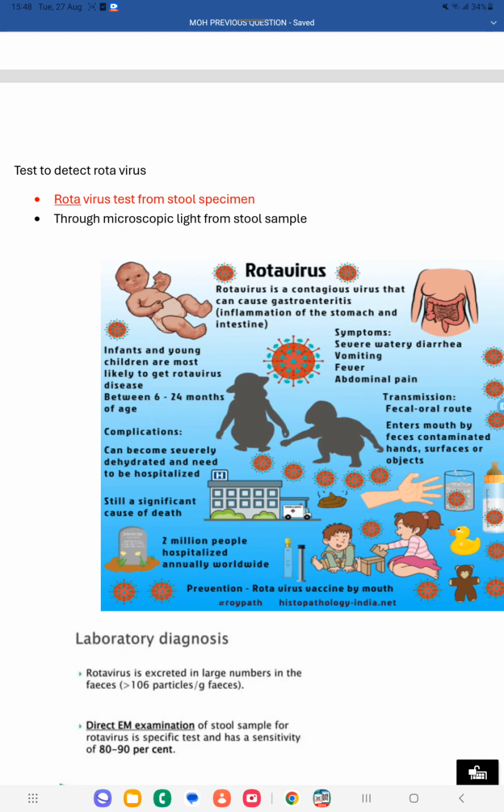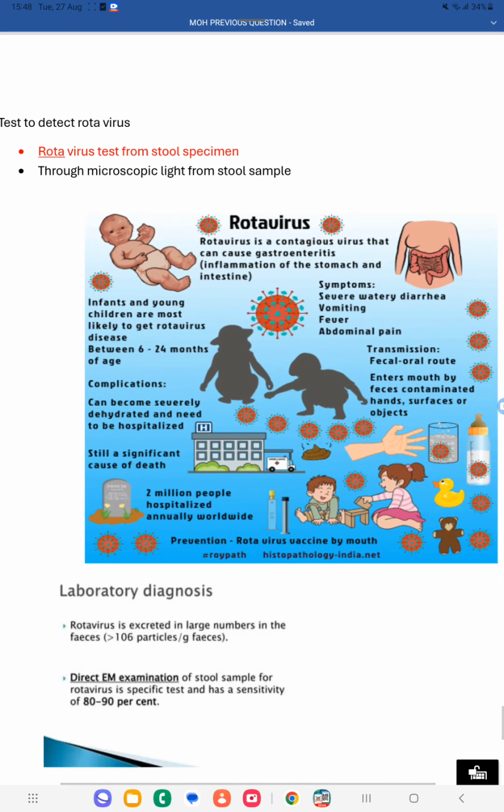How does it enter into children? That is the fecal oral route. In the stools you can see the rotavirus, and if they are not washing their hands properly, the virus can get onto the hands. Children will be playing, no? With the virus on their hands, they touch the toys, or they hold hands with each other.